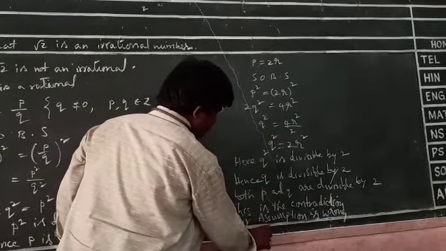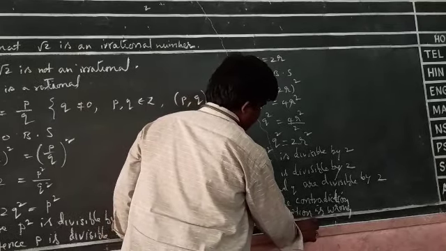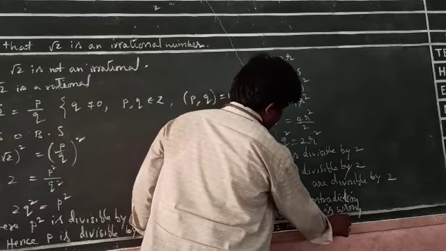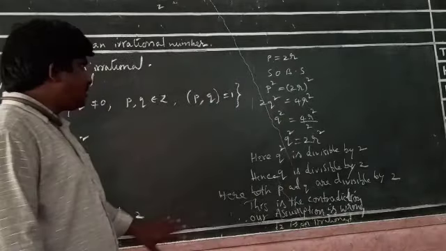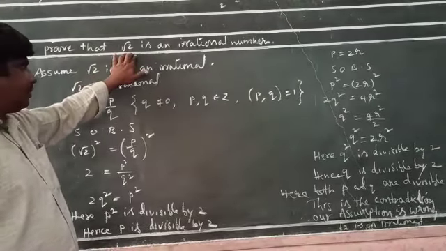Therefore, root 2 is irrational. So this is the indirect method to prove any irrational number as an irrational number.